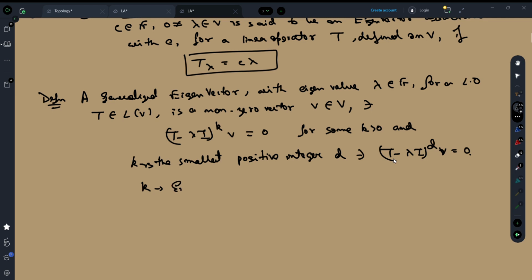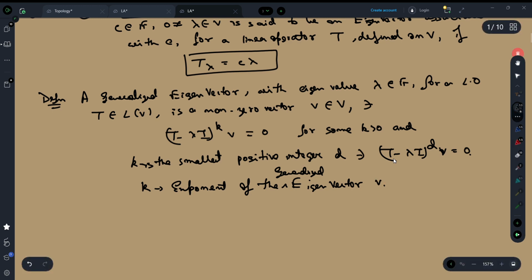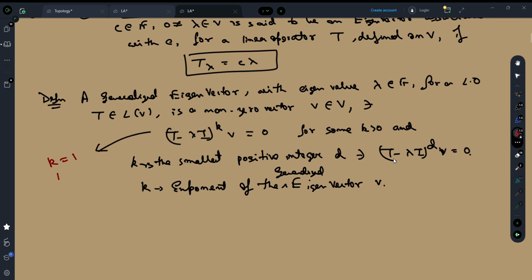This K is called the exponent of the generalized eigenvector V. Further, it is very obvious that if K is 1, then V is an eigenvector associated with lambda.